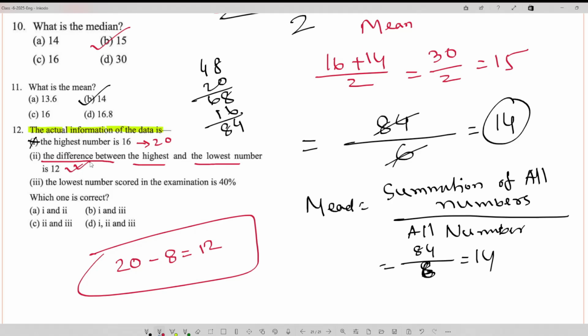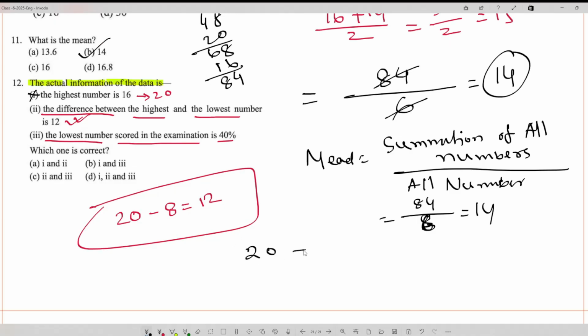So this is okay. Now the lowest number scored in the examination is 40%. Out of 20 the student got 8. So if one number, student will get 8 by 20. For 100 numbers, student will get 8 by 20 times 100.